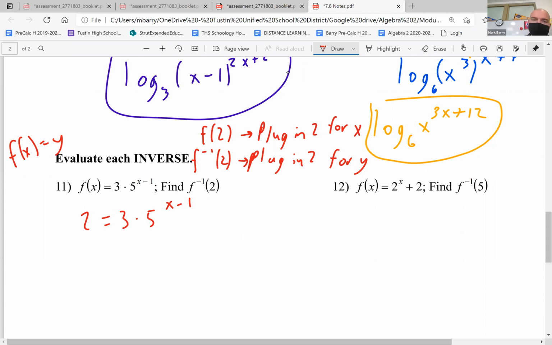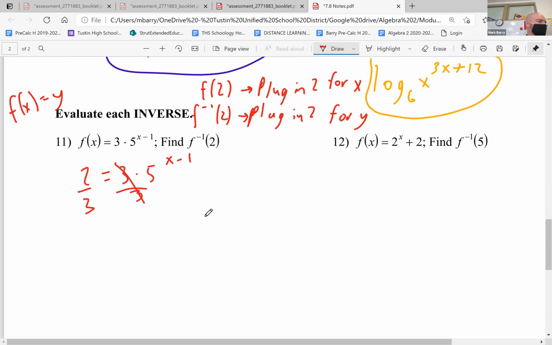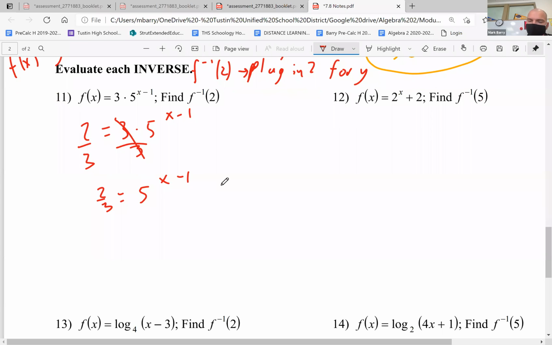So what we do, in this case, we would divide the 3 over. I would just leave that as a fraction. 2 over 3 equals 5 to the power of x minus 1. Then we're going to have to switch it into log form, okay? So log form, we'll have log. Remember, the base of the log is going to be the base of the exponent. So the base of my exponent here is 5. So that's going to be a log base 5.